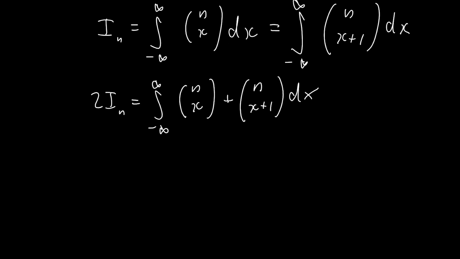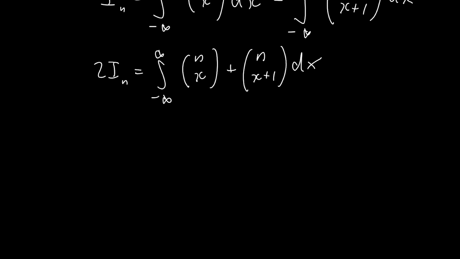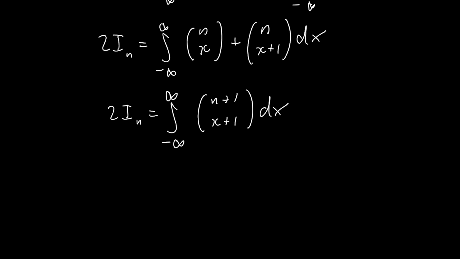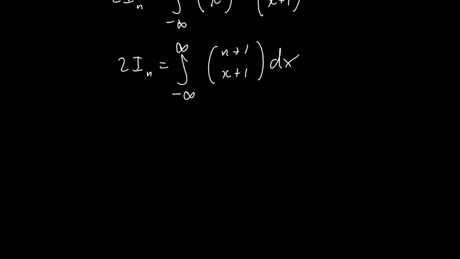And using our identity, we can say that 2 I of n equals the integral of n plus 1 choose x plus 1. And you'll notice this is actually the same as I of n plus 1. So we have 2 I of n equals I of n plus 1. So we could say that I of n equals 2 lots of I of n minus 1.